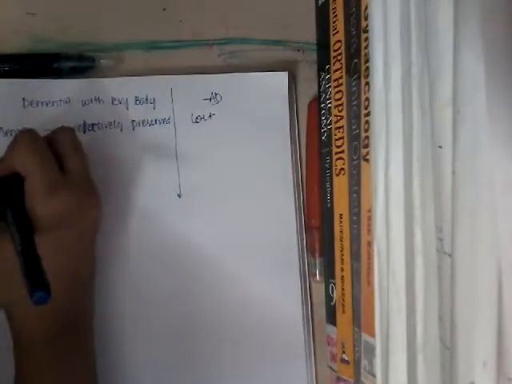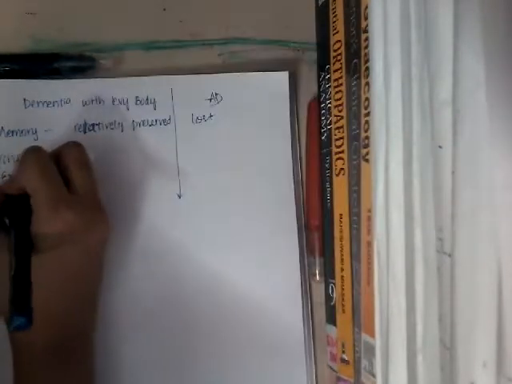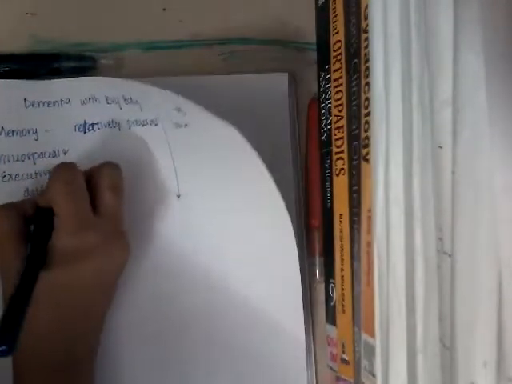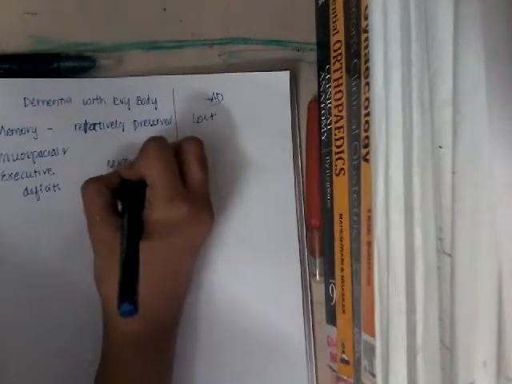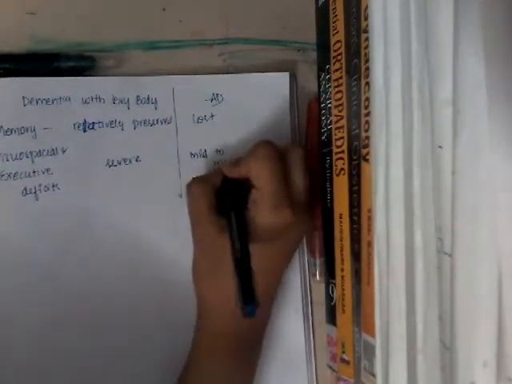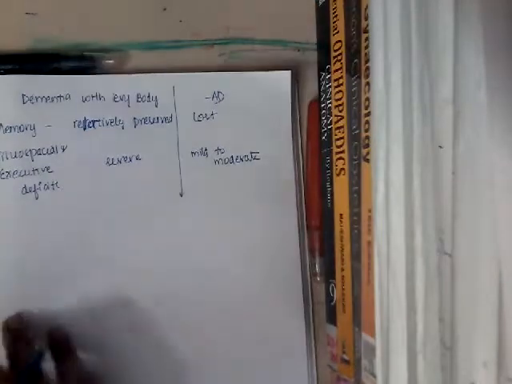And then if you see visuospatial difficulties and difficulties in executing things, that is executive deficits, in both, it is severe in Lewy body syndrome and mild to moderate in Alzheimer's disease. So these are the major differentiating features between dementia with Lewy bodies and Alzheimer's disease.